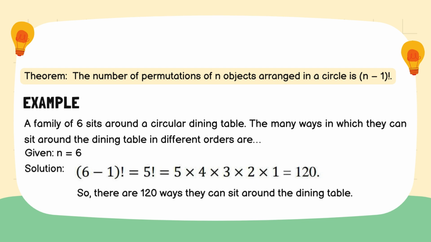We know from the question that n equals 6, we just substitute n in the formula, that is n minus 1 factorial. Since n is equal to 6, we have 6 minus 1 factorial, that is 5 factorial, that is 5 times 4 times 3 times 2 times 1, that is 120. So there are 120 ways they can sit around the dining table.